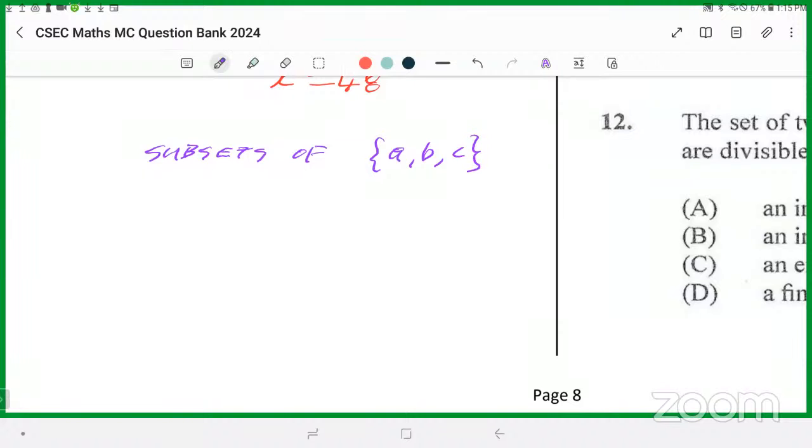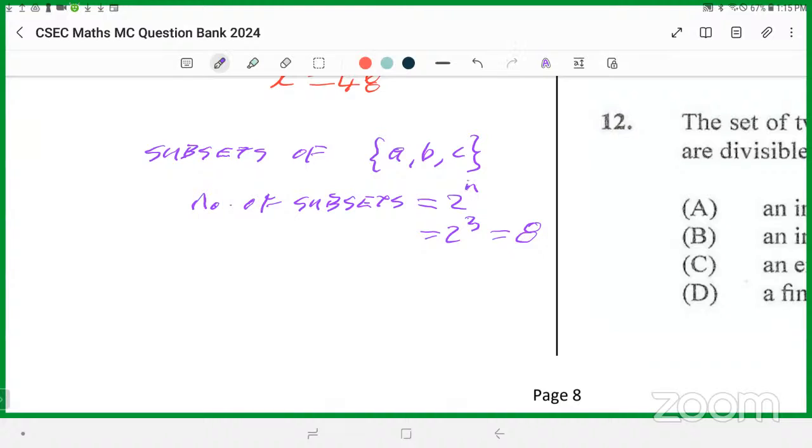A set of 3 values will have 2 cubed number of subsets. The number of subsets will be equal to 2 to the n power. Since it has 3 values in it, it becomes 2 cubed, which is 8. So we have to get 8 subsets from that set of 3 values.